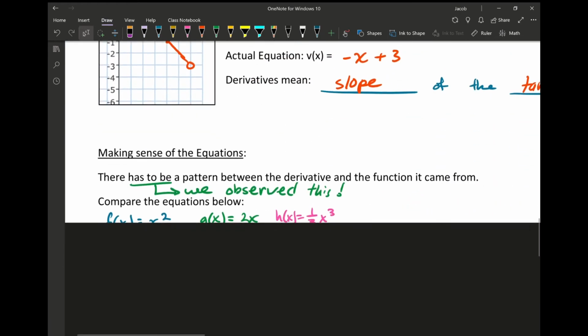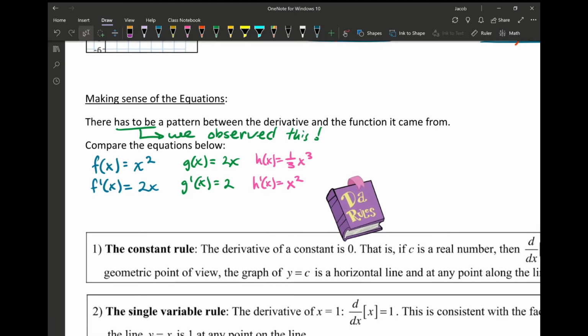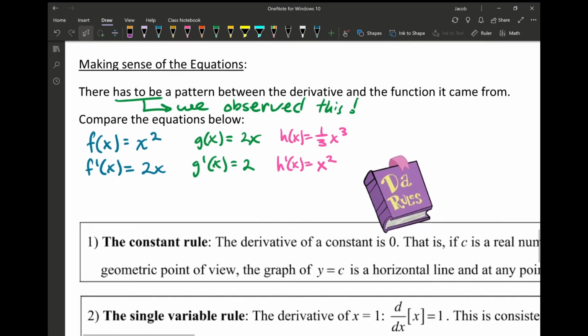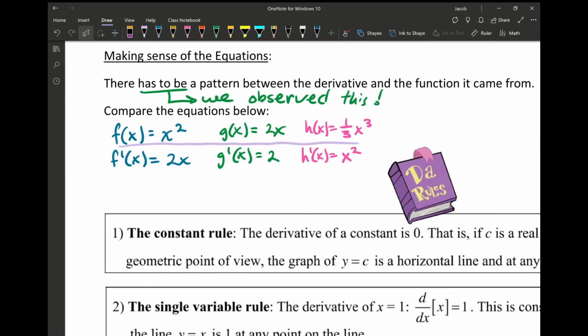Now, making sense of the equations, there has to be a pattern between the derivative and the function it came from. And we actually already observed this in the last video. So here I've got the functions from those first three. This first row is the original function we start with, and below that is the derivative, represented by the little tilde between the f and the parentheses x.